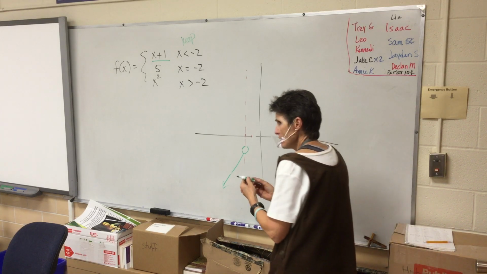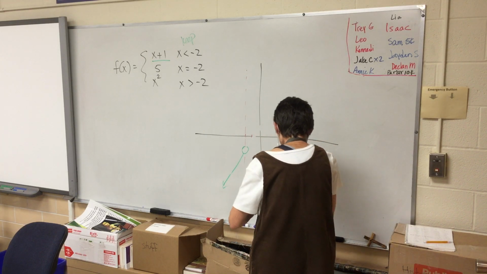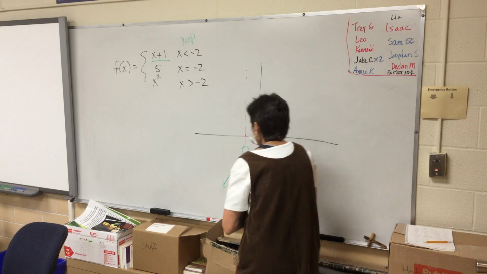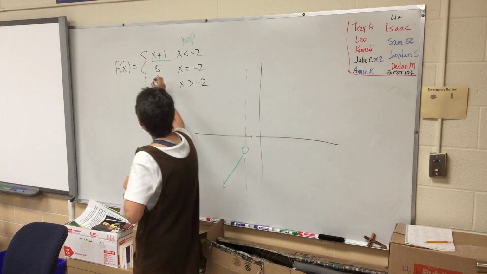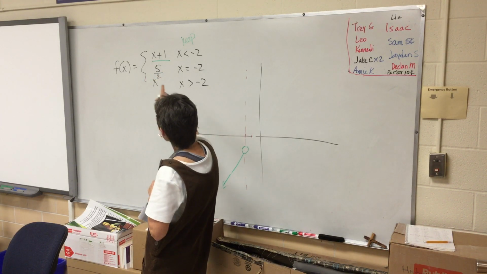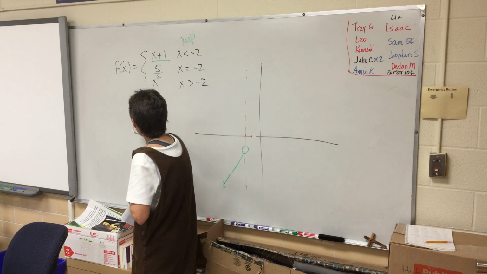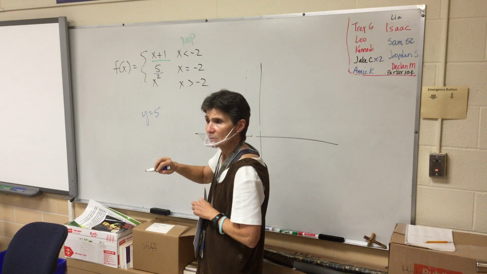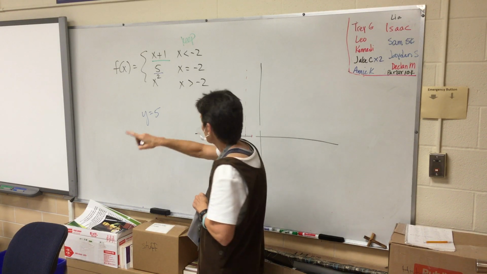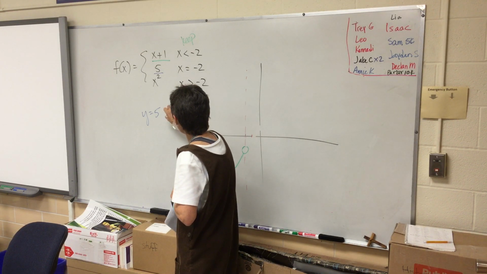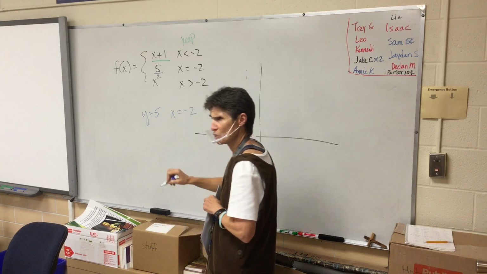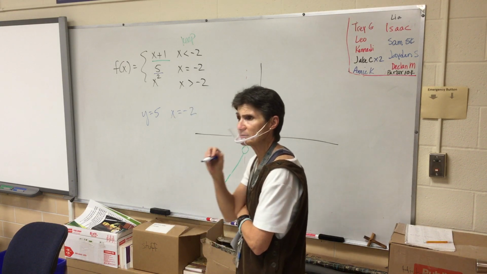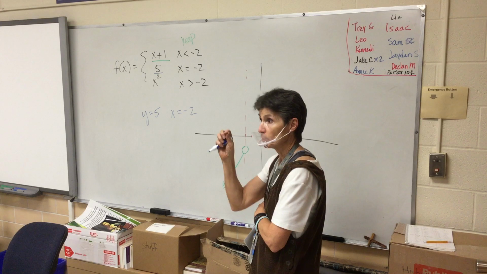Now, I don't know if we've seen this before, especially if you're not looking at any of the problems in the book. This says y equals 5. But you only want y to equal 5 when x equals -2. What does that look like? It's a point.